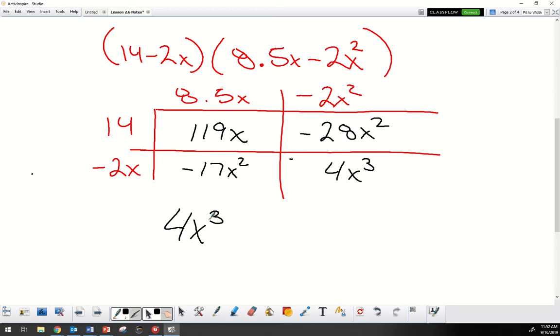I have a negative 17x squared and a negative 28x squared. So I have to combine those together. When I combine those, I should have negative 45x squared, because I'm combining like terms. And my last one is positive 119x. Very good.